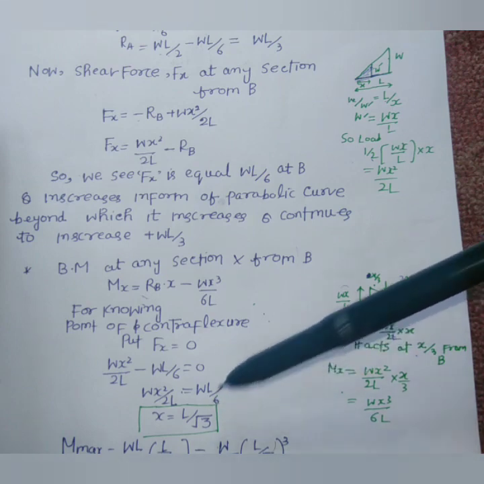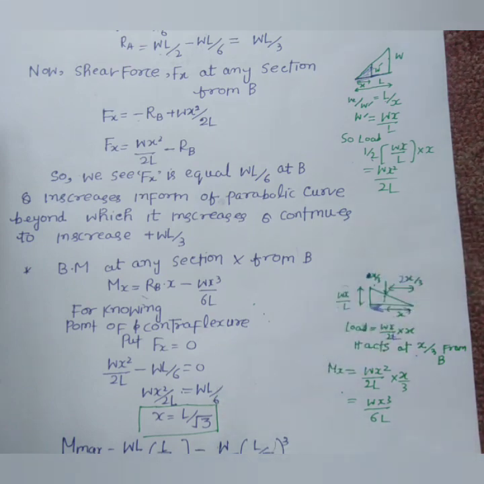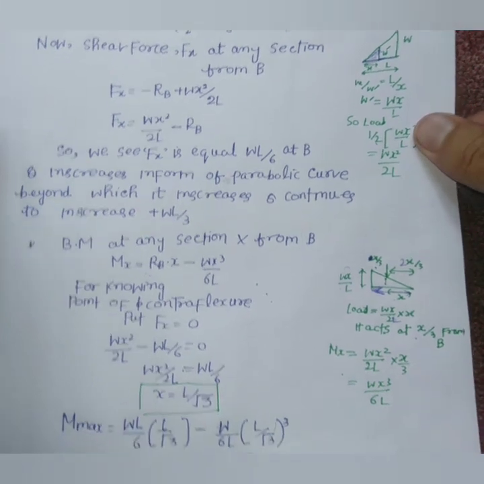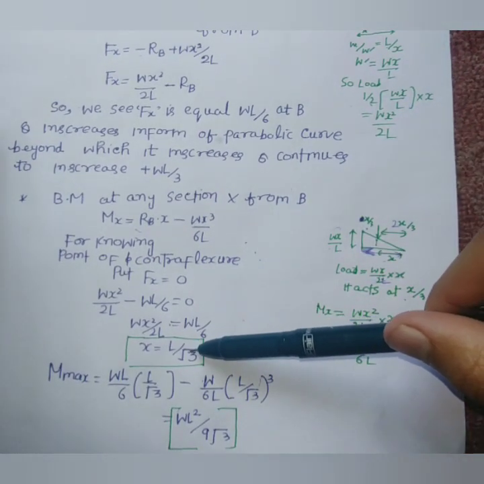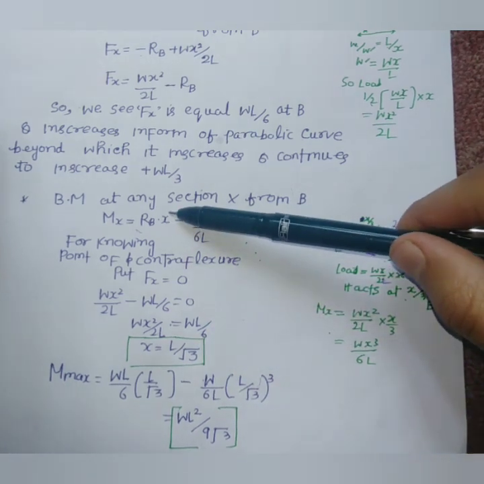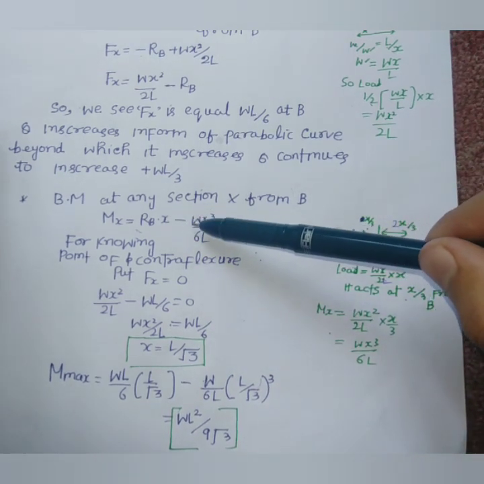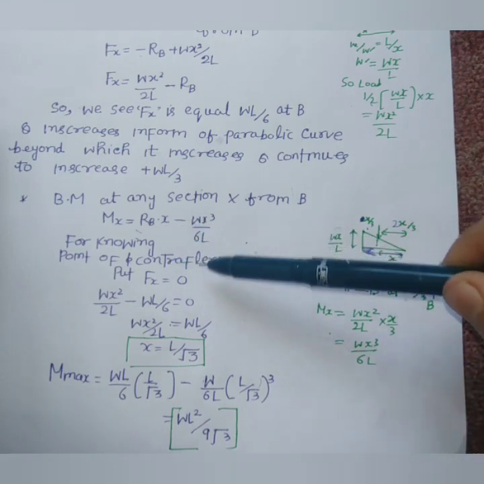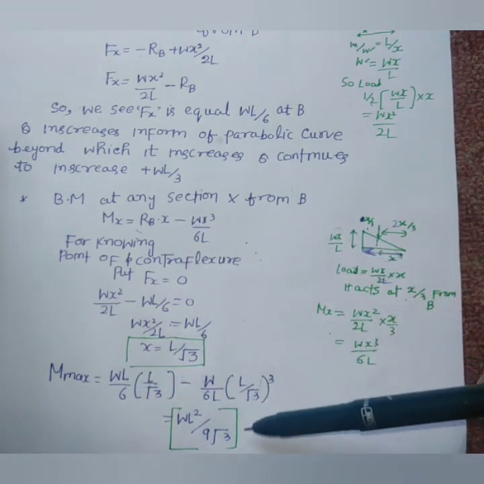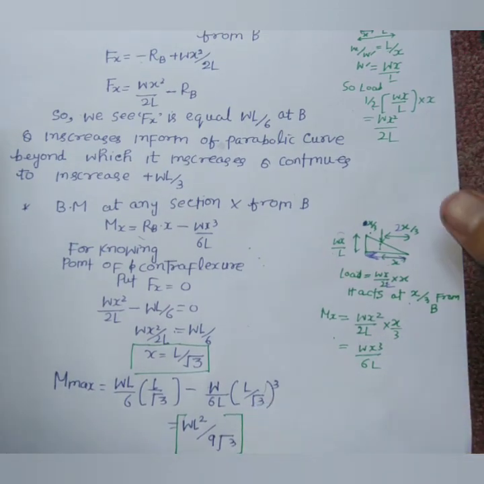At this point, bending moment is always maximum. So you can put this value of x in the bending moment equation, Rb into x minus wx cube divided by 6L. We will get WL square divided by 9 root 3.